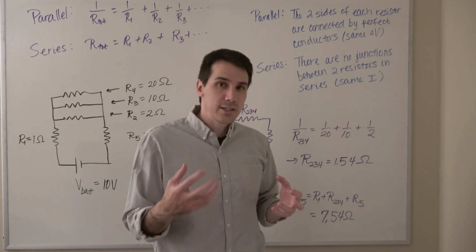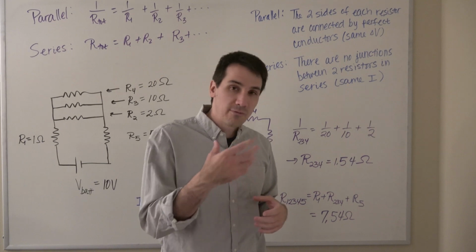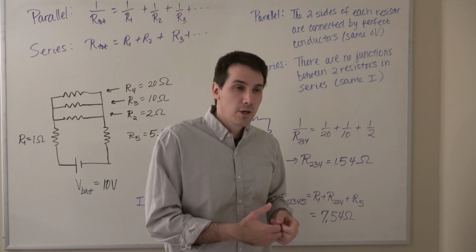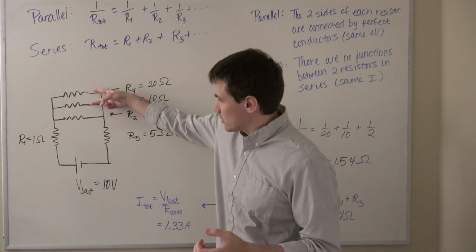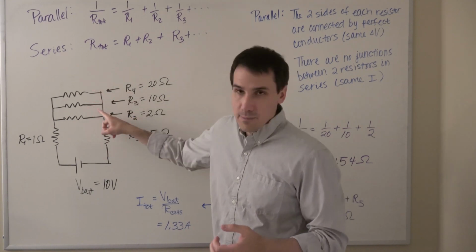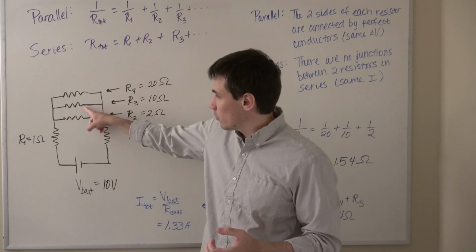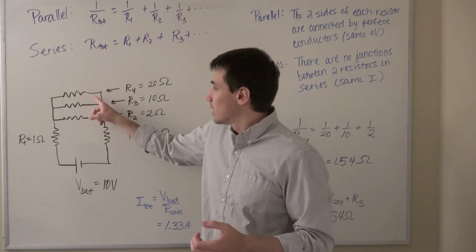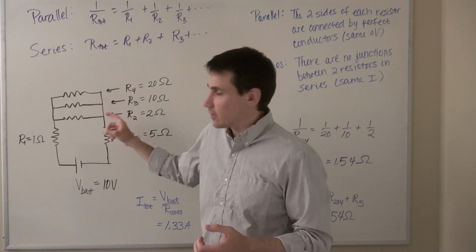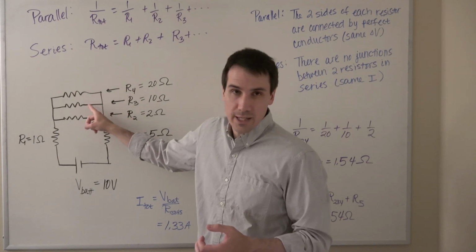This also means that the two resistors will have the same voltage drop across them. For example, these two resistors have the same voltage drop across them. How do I know? Because the two sides of each of the resistors is connected by a conductor. So the right sides are connected by a conductor.